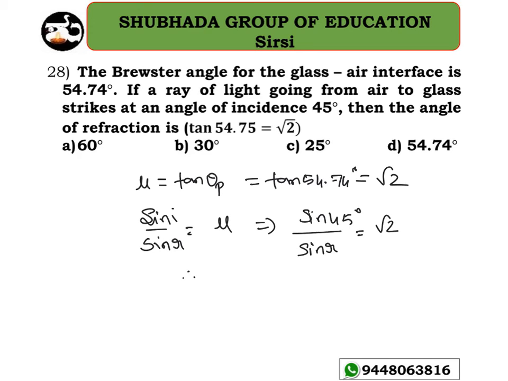Therefore sine r equal to how much? Sine 45 is 1 by root 2, so 1 by root 2 divided by root 2 gives 1 by 2. It implies r equal to 30 degree. So option B is the right answer. 30 degree is the right answer for this question.